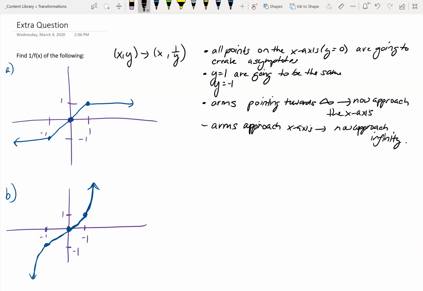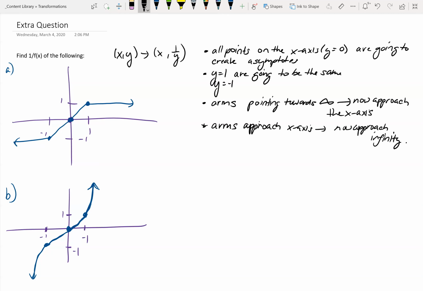And again, because if we have 1 over a tiny number, it becomes really large and become infinitely big if we keep doing that. So I'm going to use these 4 little points to help me find the graph of 1 over f of x.